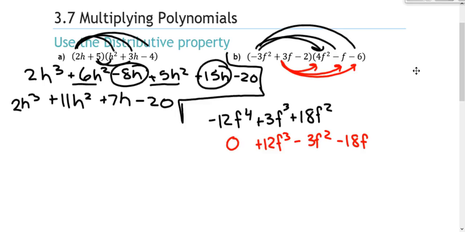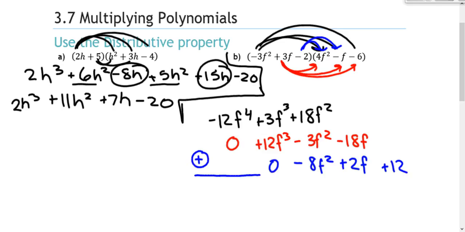Okay, and now I'm going to do the last one in blue. So my first term that I deal with in blue is f squared. I'm going to put a 0 here, and it'll be negative 8f squared. And then that gives me plus 2f, and then plus 12.